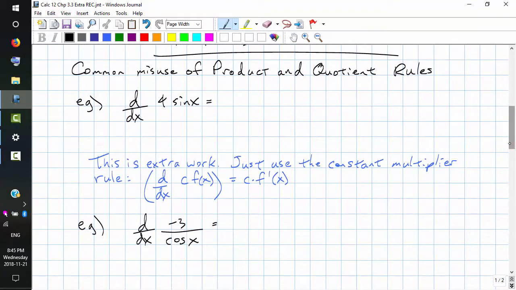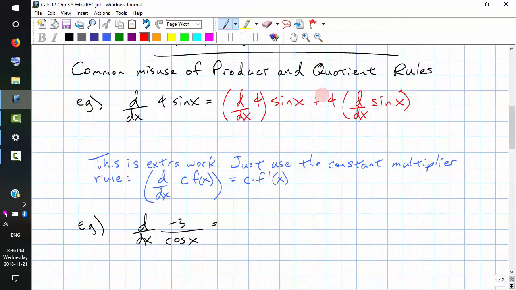So let's look at some common misuse of the product rule and quotient rules. So the derivative of 4 sine x. Some people like to do this: d dx of 4, because they are using the product rule here, times the second, sine x, plus 4 times the derivative of the second factor, sine x.